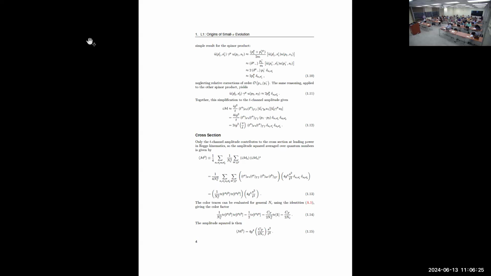The sum over colors is also easy when you're familiar with it, but you may not be familiar with it. If you look at the color structure that has appeared here, then you notice that I've formed traces of the color matrices. So this color factor is 1 over N_C squared, T^a_{i'i}, T^b_{i'i}, which is a trace of T^a T^b. And similarly, the other factor is a trace of T^b T^a.